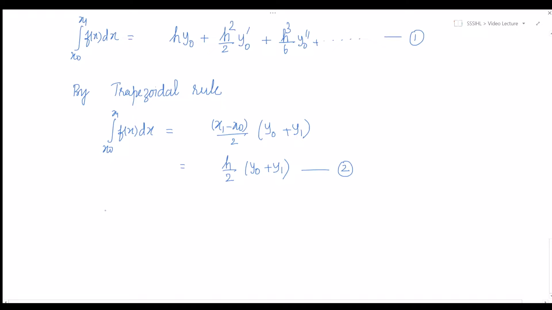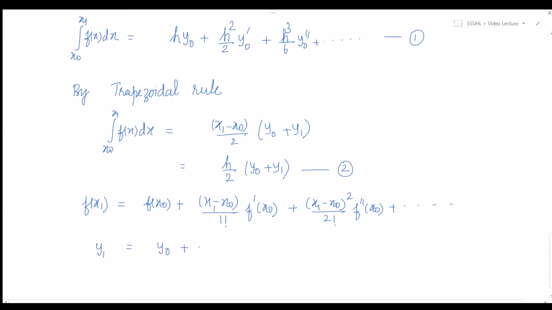By Taylor series expansion, we have f of x1 is equal to f of x naught plus (x1 minus x naught) by 1 factorial into f dash of x naught plus (x1 minus x naught) whole squared by 2 factorial f double dash of x naught plus etc. So we have y1 is equal to y naught plus h into y naught dash plus h squared by 2 into y naught double dash plus h cube by 6 into y naught triple dash plus etc.